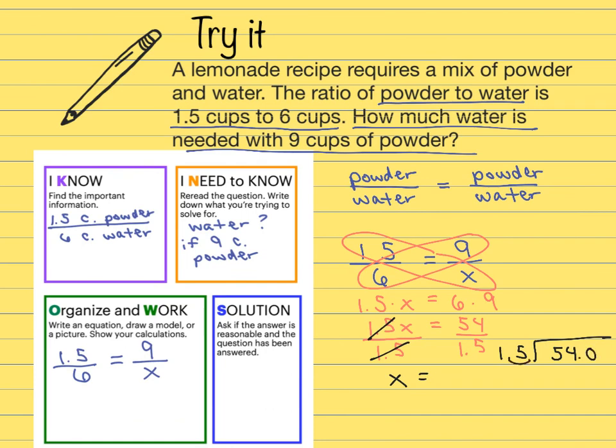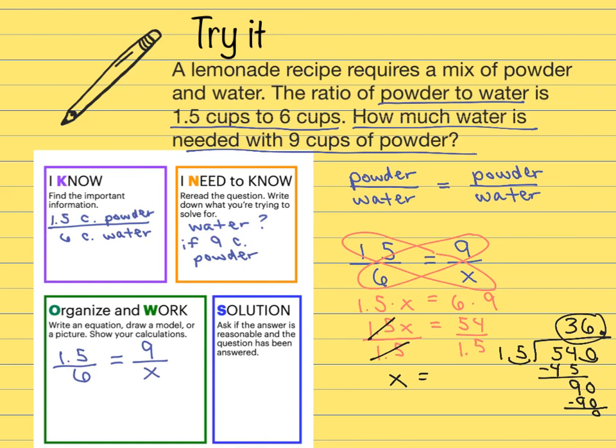We're going to move our decimal points over and put it right up in our answer. We can have 3 groups of 15, and that gives us 45. Our difference is 9. Drop the 0, 90. 6 groups of 15 equals exactly 90. And we have a remainder of 0.